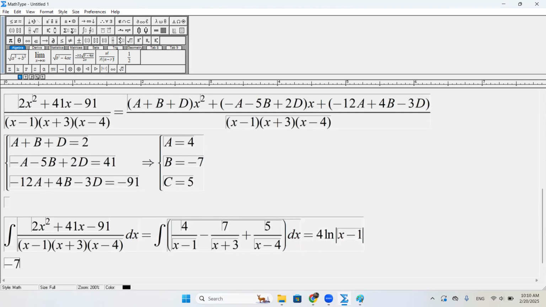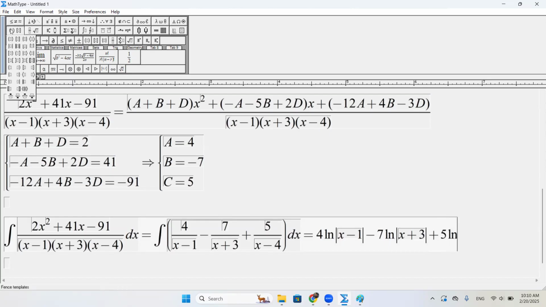The second is minus 7 logarithm of modulus of x plus 3, and plus 5 logarithm of modulus of x minus 4, plus c.